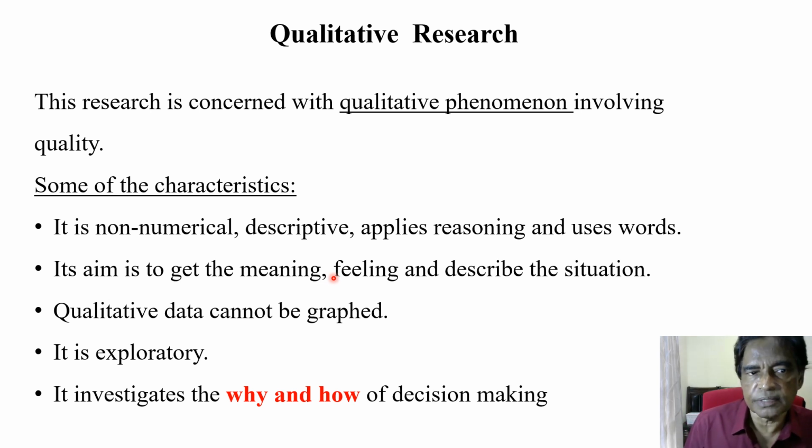The person says no, you ask them why exactly are they saying no. So you can handle more detail on why the person says so and other things. Qualitative data cannot be graphed. Exploratory, meaning deep down you go and investigate why, and the how, right? So that's a basic difference between quantitative and qualitative.